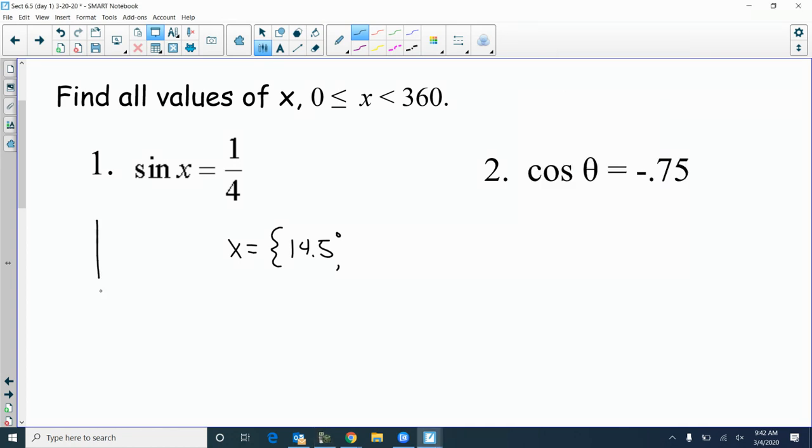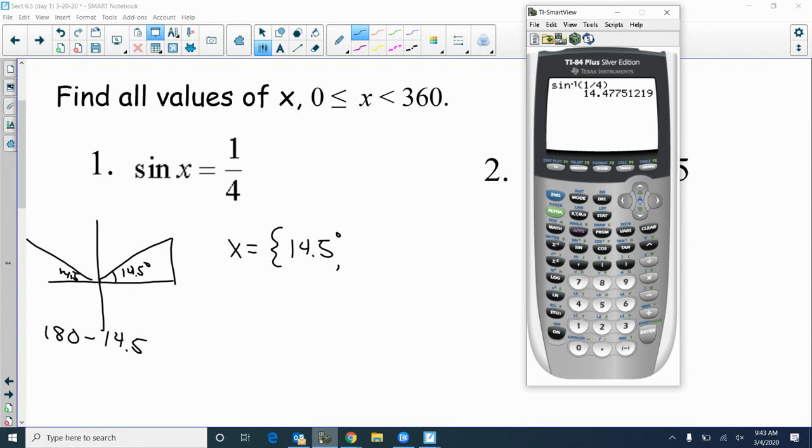What is our second answer going to be? Well, my reference angle is 14.5 degrees. That means in quadrant 2, I have to have the same reference angle. So the actual angle will be 180 minus 14.5, which is 165.5.